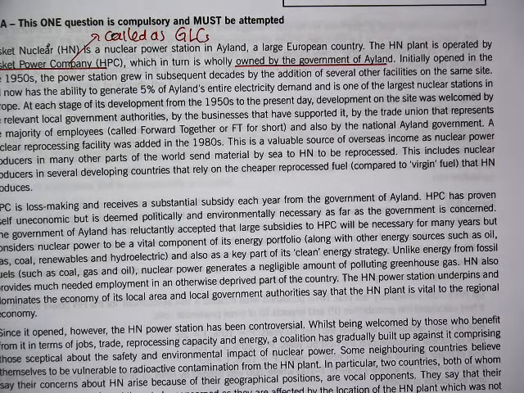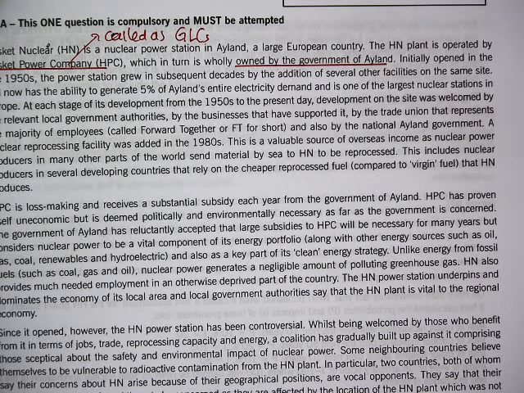At each stage of its development from 1950 to the present day, development on the site was welcomed by the relevant local government authorities, by the businesses that have supported it, by the trade union that represents the majority of the employees, called Forward Together, or FT for short, and also by the national Irish government. So far they are happy with HN.